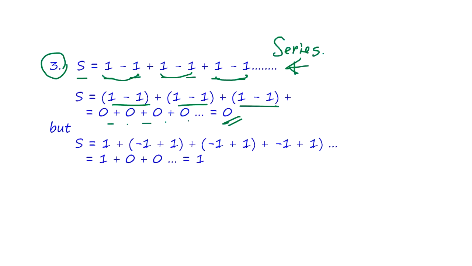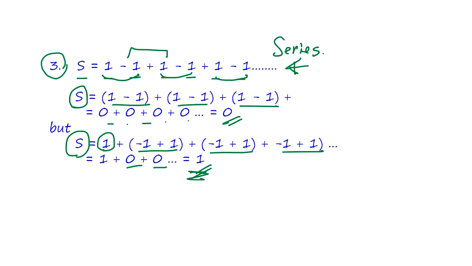Wait a minute. I'm gonna start from here. Leave 1 here. So this is gonna be 0, 0, 0, 0. So it's all 0 all the time. It should be 1. So depending on how you group together, S can be 0 or 1. What's wrong with that?